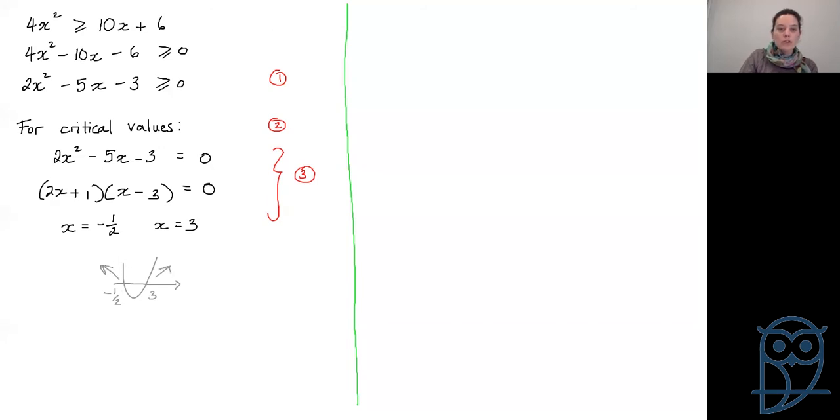So we're looking for those 2. So we've got 2 answers. So we have x is less than or equal to, matching the question, minus a half. X is greater than or equal to 3. So there are our last 2 steps. Step 4, our mini sketch. Step 5, our final answer.